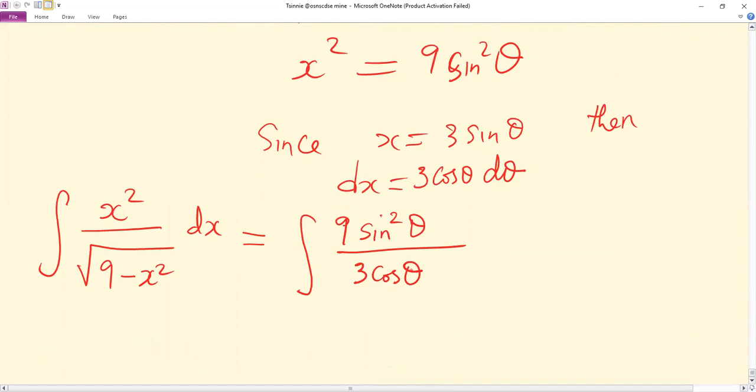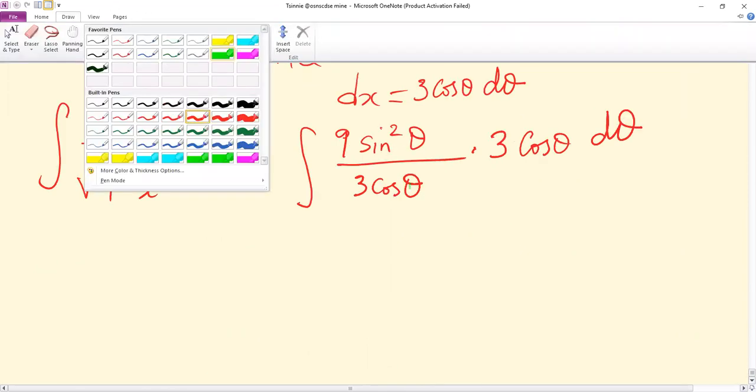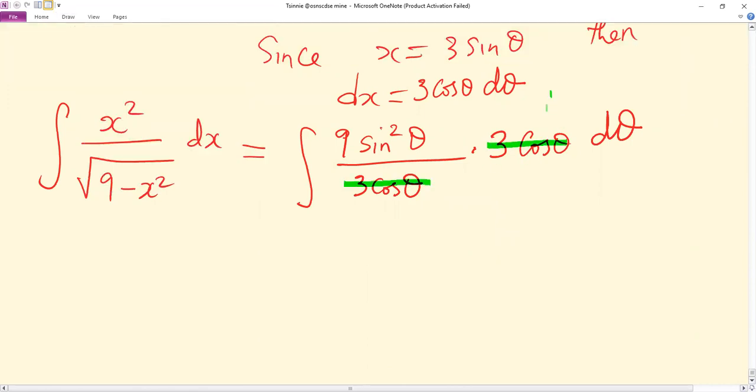Where we have dx, we replace it by 3 cosine of theta d theta. Now you see some terms will cancel out. This term and this term cancel out, so that we can factor out 9 and have the integral of sine squared theta d theta.